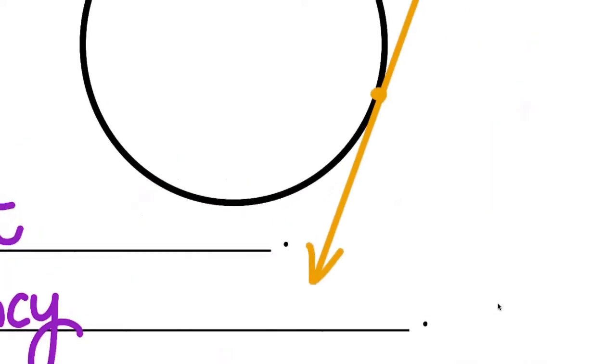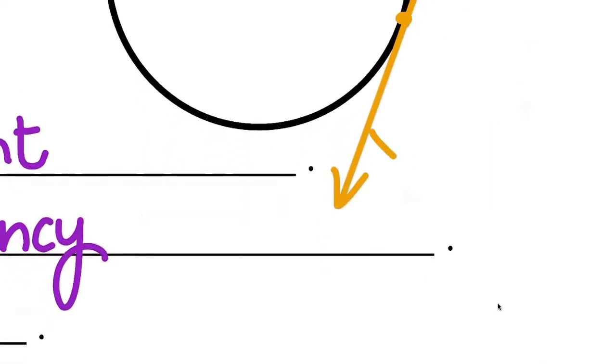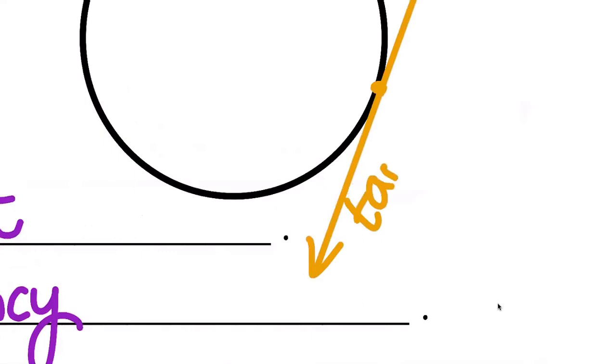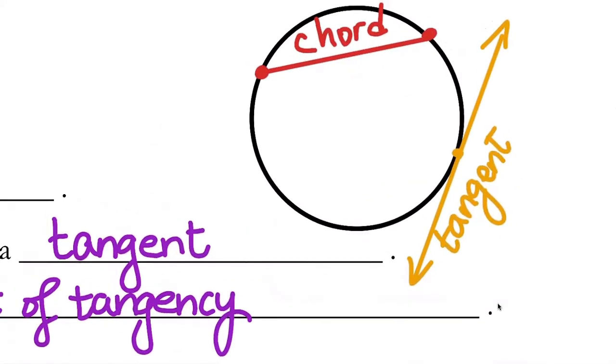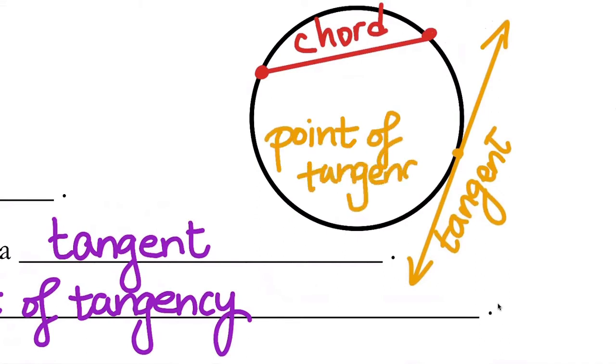And this is a tangent. And that point right there is called a point of tangency.